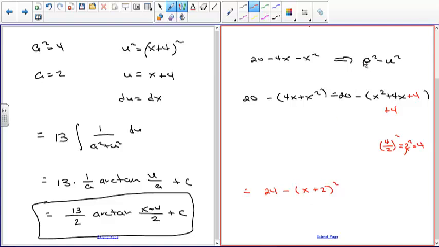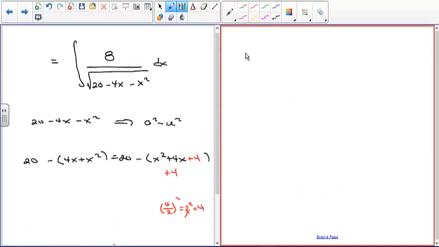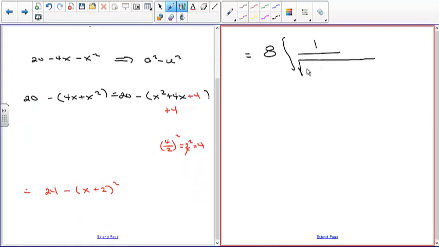So does that look anything like a squared minus u squared? Yeah, if a squared is 24 and u squared is x plus 2 squared. So that's having completed the square. But before I do that, I'm going to rewrite the original expression. I'm going to factor out the 8. So I'll have 8 times the integral of 1 over the square root of this thing that I got down here, 24 minus the quantity x plus 2 squared times dx.